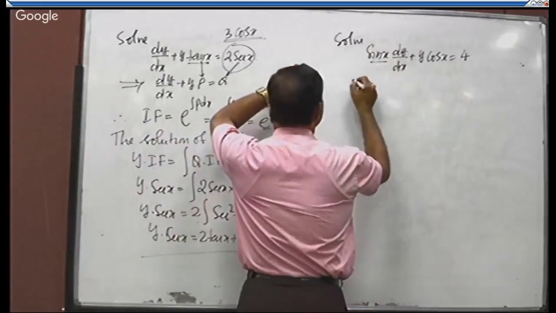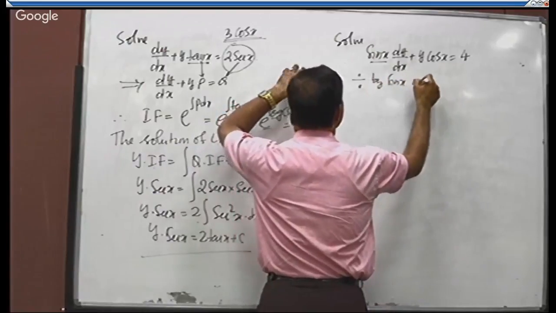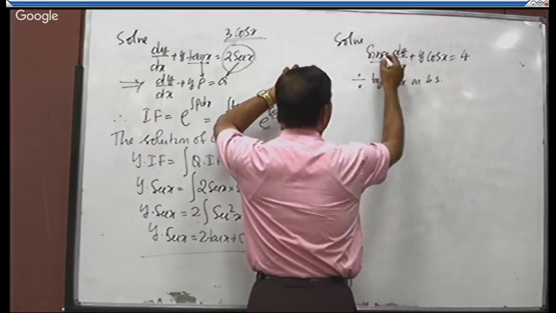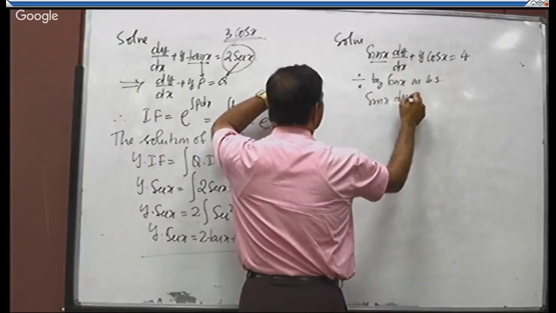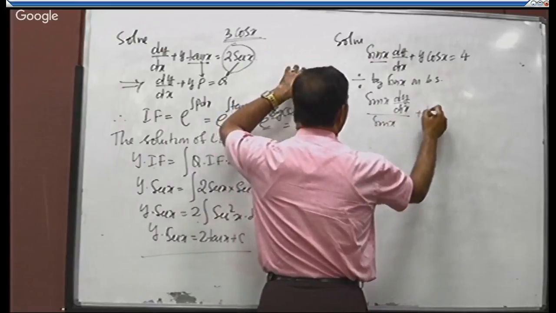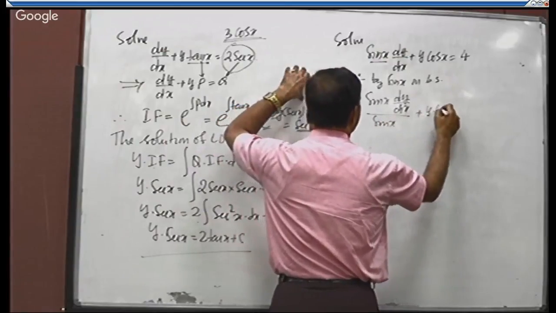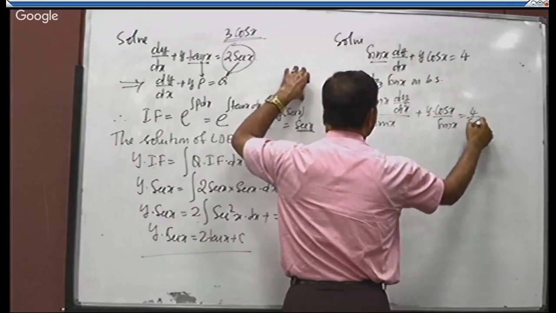How to remove this? Just divide by sin x on both sides. On dividing by sin x, sin x into dy by dx by sin x, y into cos x divided by sin x is equal to 4 by sin x.